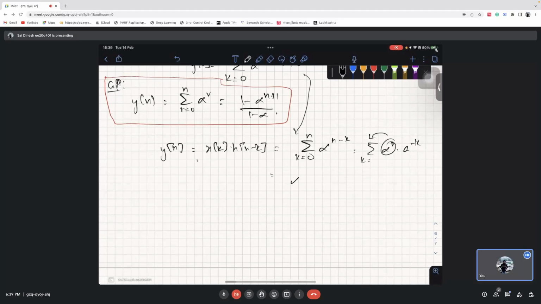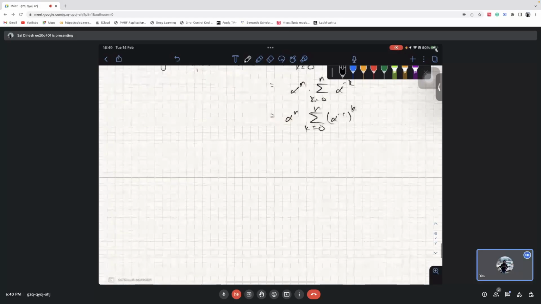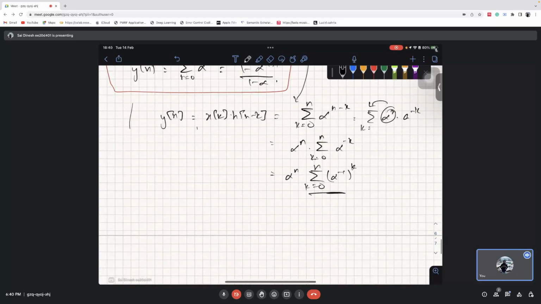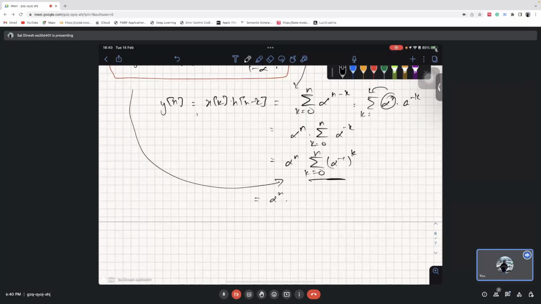So this will be alpha power n sigma k equal to 0 to n alpha power minus k, which is equal to alpha power n sum over k equal to 0 to n of alpha minus 1 power k. For this we apply the GP progression, which will give alpha power n into 1 minus alpha minus 1 power 5 by 1 minus alpha power minus 1. Finally what we have is alpha power n minus 4 minus alpha power n plus 1 by 1 minus alpha.